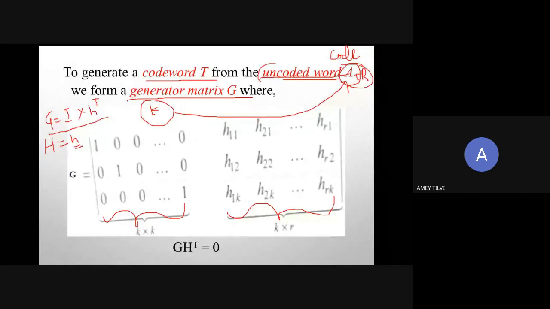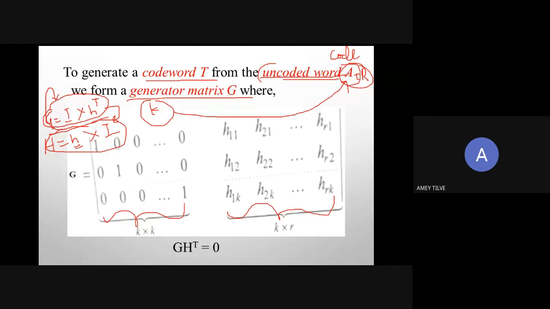This is nothing but your K multiplied by identity matrix. Identity matrix is nothing but 1001, 1001, 0011. So if you have the G matrix, I can easily calculate what is my H matrix. And if an H matrix is given to me, I can easily calculate what is my G matrix.